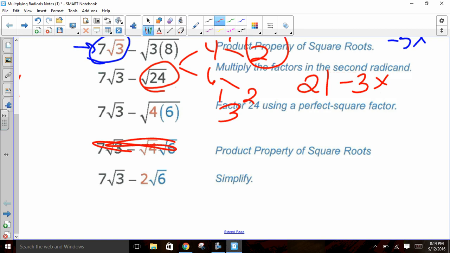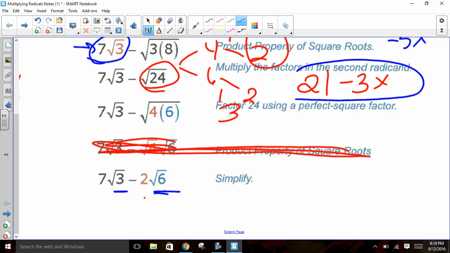Square root of 4 is 2, and 6 stays with it. I ask myself, do I have the same number underneath my radical sign? Nope, so I have to leave it alone. A little bit more intensive than the example on the left-hand side, but same kind of idea.